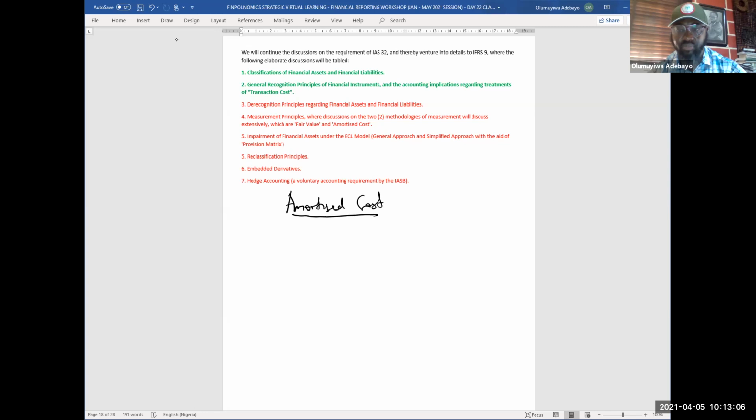Now let's start with the word amortize. When we talk about amortized or amortization, what do we mean? We talk about spread, or we talk about allocation over a period of time.